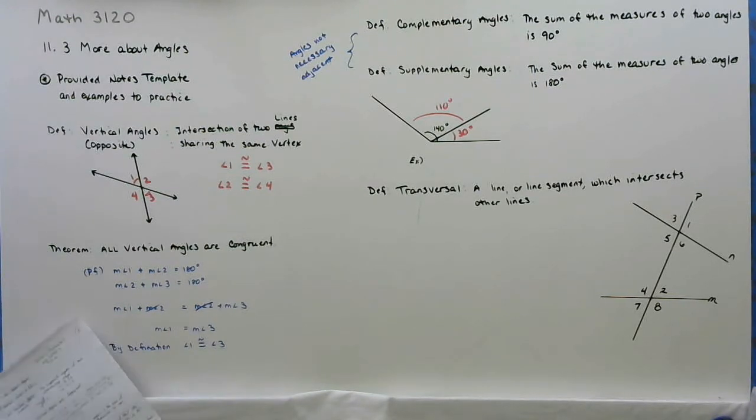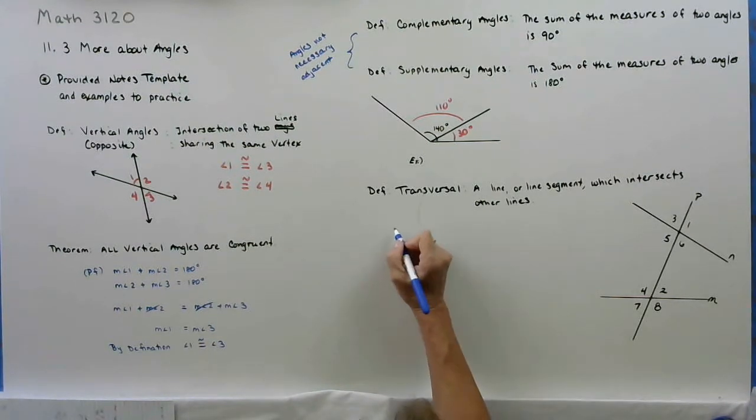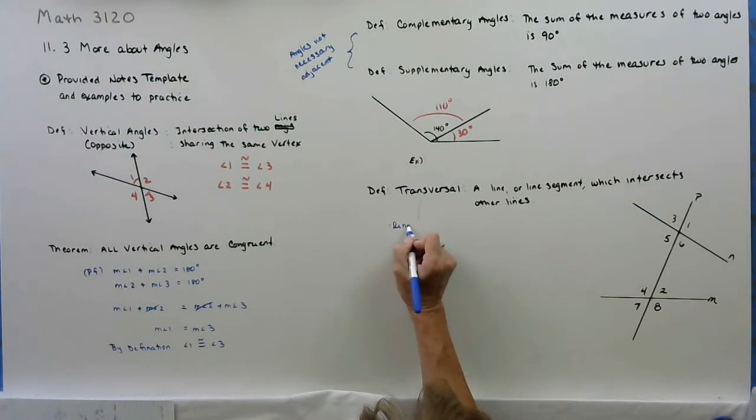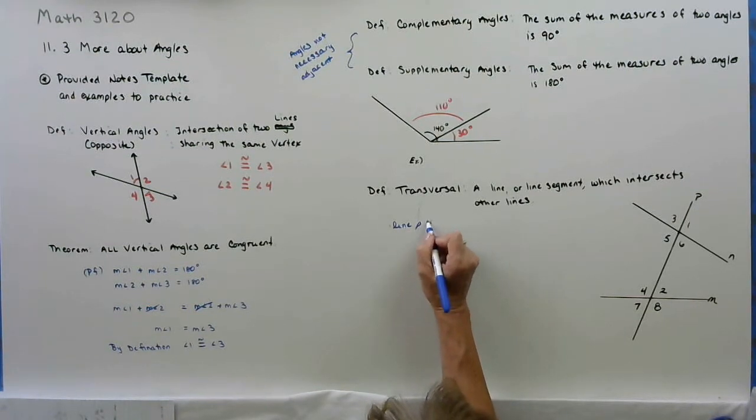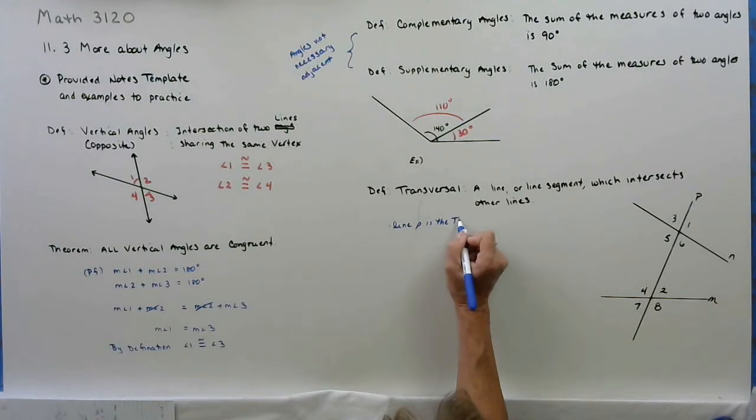And notice right now I did not give you any lines that are parallel. I just gave you 2 lines that are intersected and are cut by what's called the transversal. So in this case, line P is the transversal.